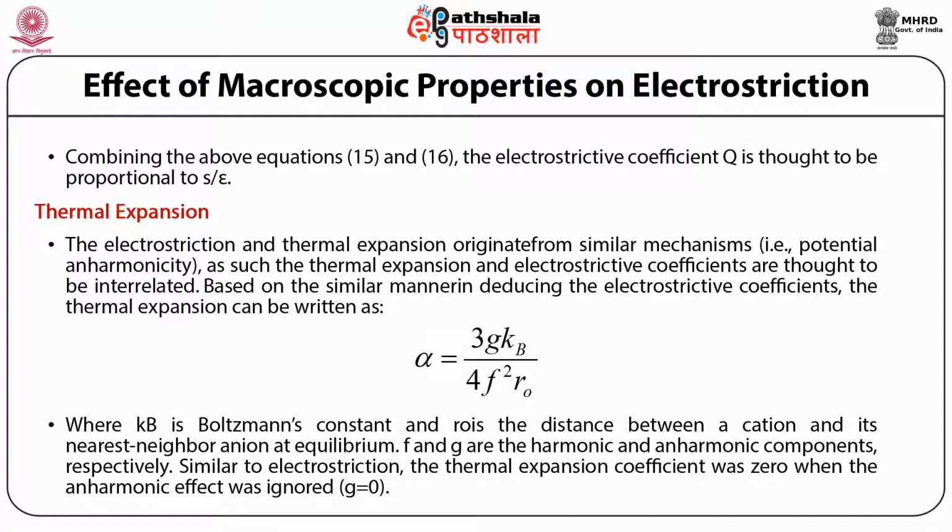F and G are the harmonic and the anharmonic components respectively. Similar to electrostriction, the thermal expansion coefficient was zero when the anharmonic effect was ignored.